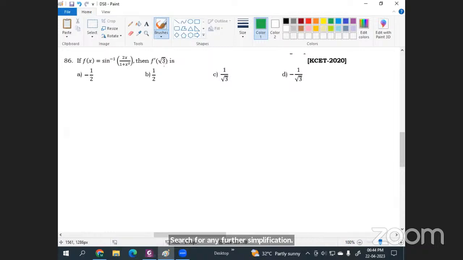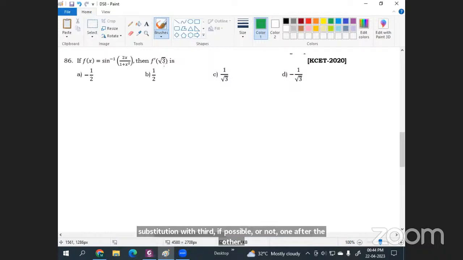Any inverse trigonometric function, first search for any formula we have, or whether further simplification is possible or not, or whether the substitution method is possible or not. One after the other, you have to try and let me know.